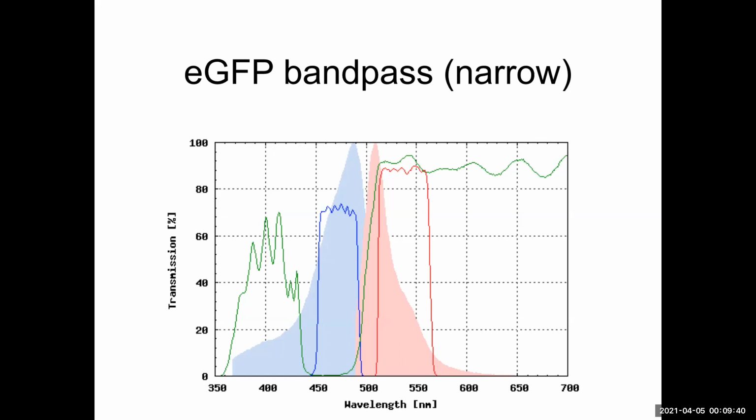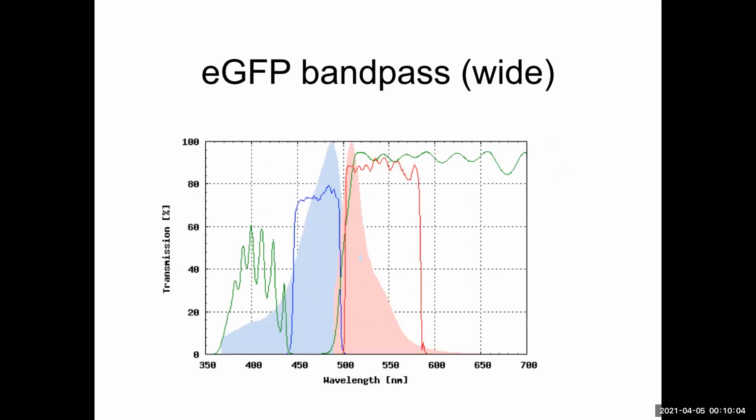And the mirror does its usual dance of just hanging out until it's called into duty, and there it is, dipping down and blocking all of the excitation light so that it goes down to the specimen, and then letting all of the emission light colors through so that the barrier filter can block them, and then you're only going to see certain colors.